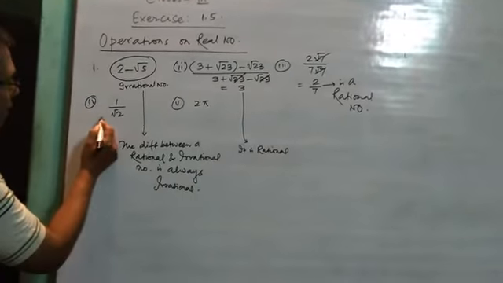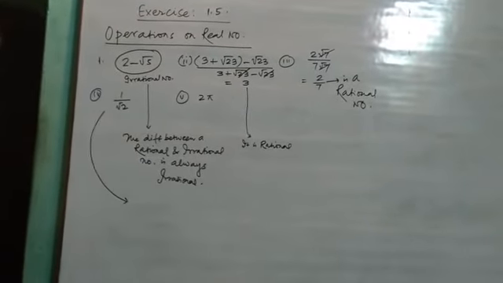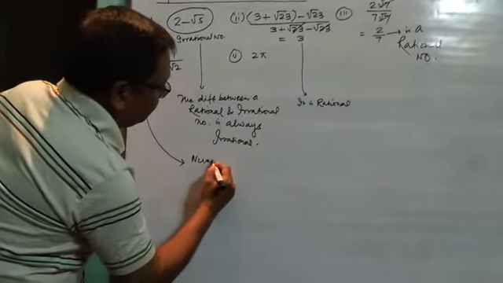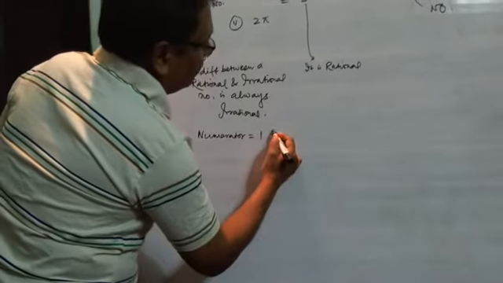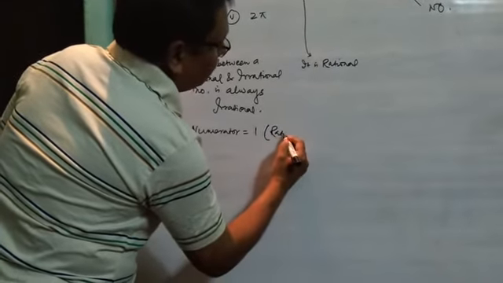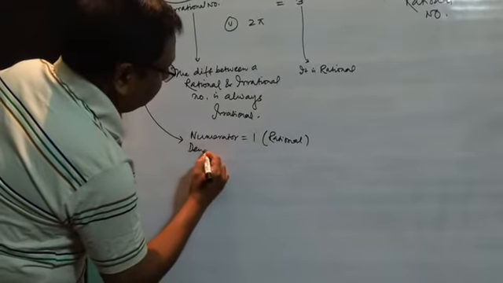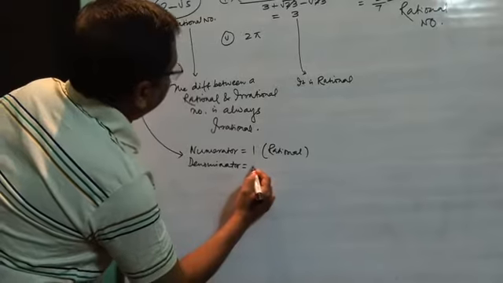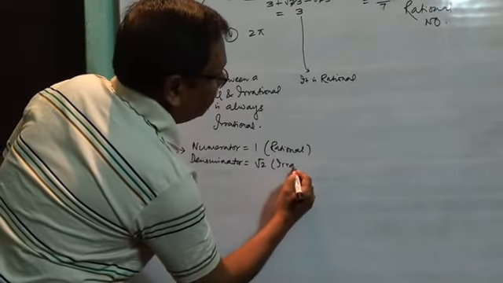Now the fourth one, 1 by root 2. In the above question, our numerator is equal to 1, rational, and denominator is equal to root 2, irrational.